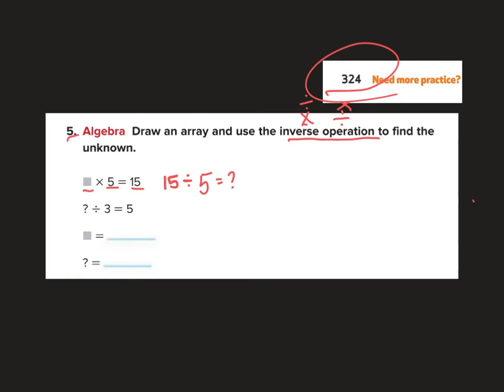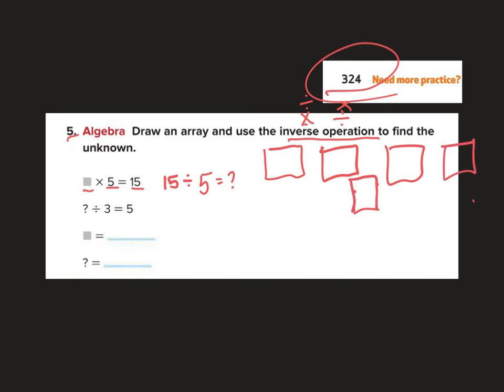Okay, so if I have 15 counters and I'm dividing them into 5 groups, I always can get 4, but I can't ever get the 5th one in there. All right, 15 counters, 5, 6, 7, 8, 9, 10, 11, 12, 13, 14, 15.